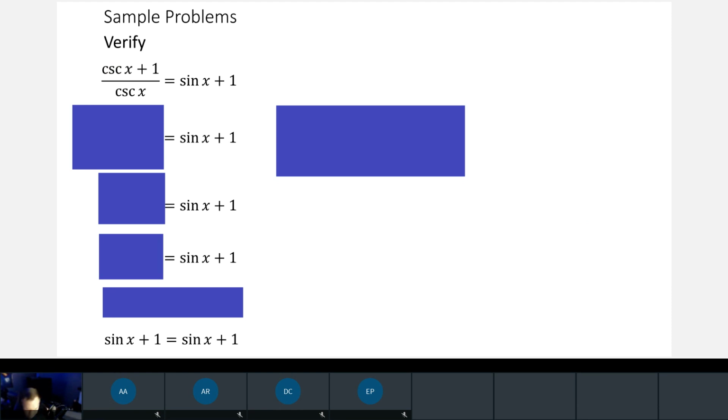Oh, I dropped my glasses. So rewriting this as cosecant divided by cosecant plus 1 over cosecant. This is probably going to be the easiest way.